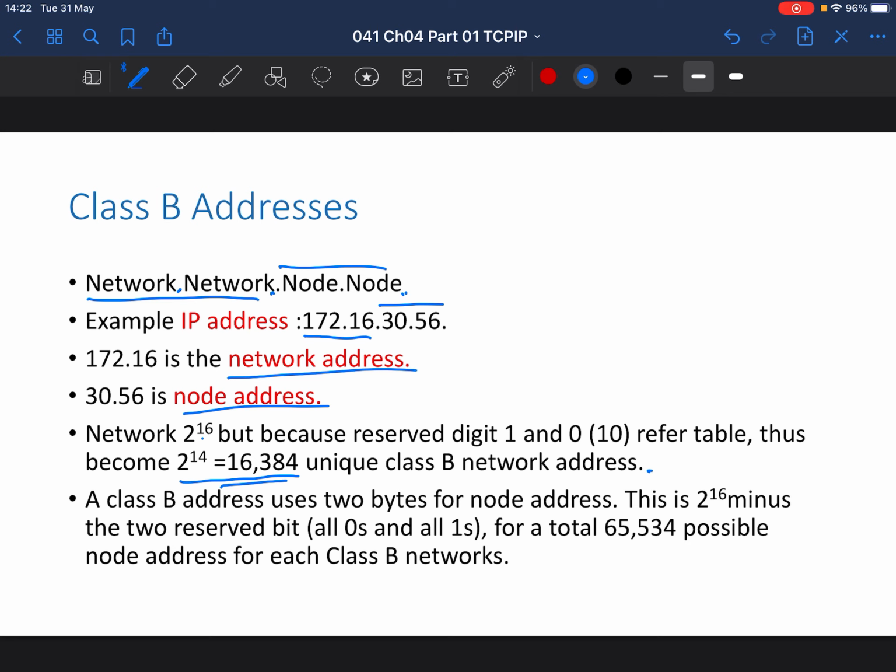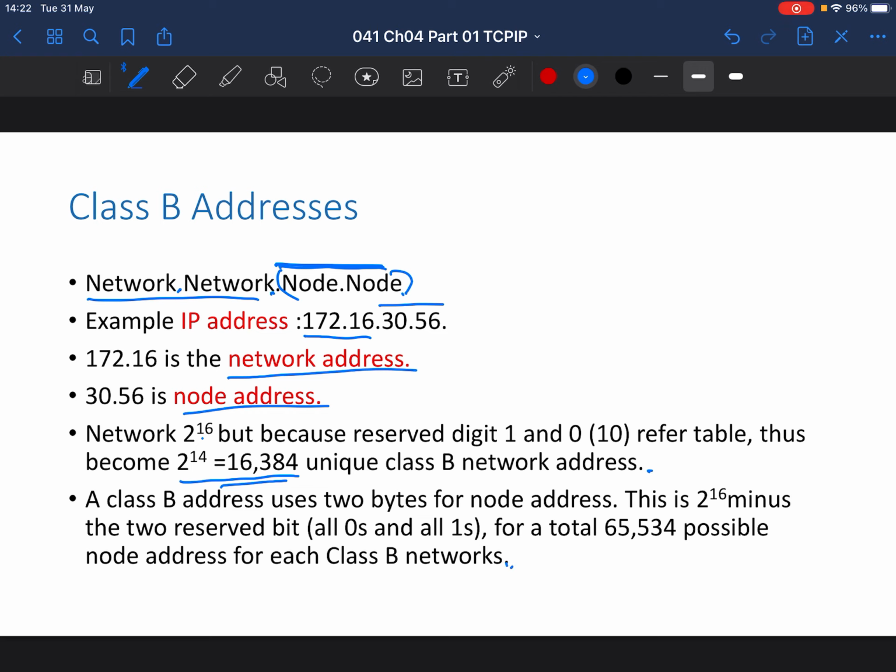A Class B address uses 2 bytes for the node address. So 2 bytes. This is 2 to the power of 16 minus 2 reserved bits, for a total of 65,534 possible node addresses for each Class B network.